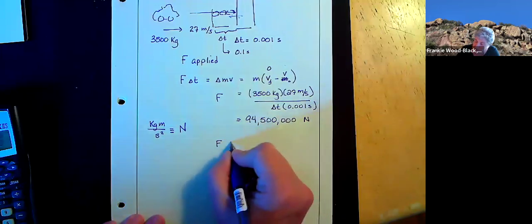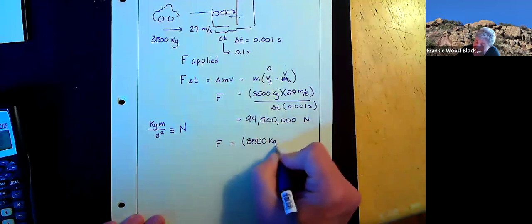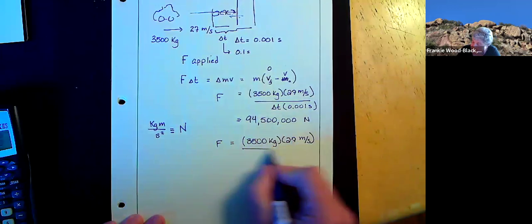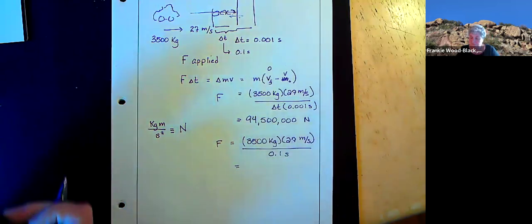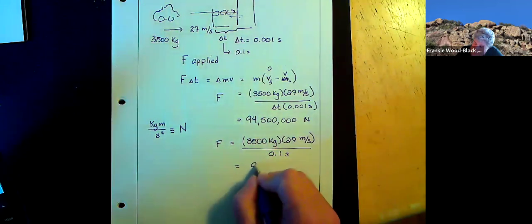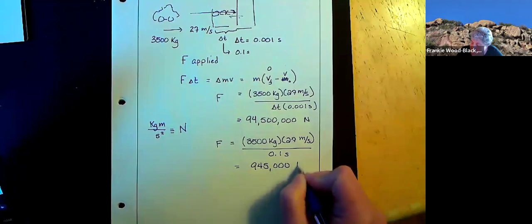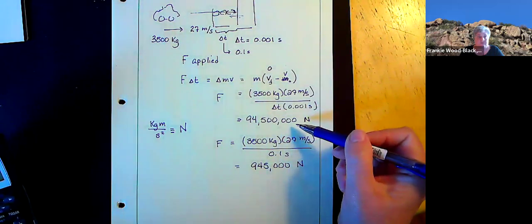The force being applied is 3,500 kilograms times 27 meters per second, divided by 0.1 seconds. I've reduced the force being applied onto the car by a factor of 1,000.